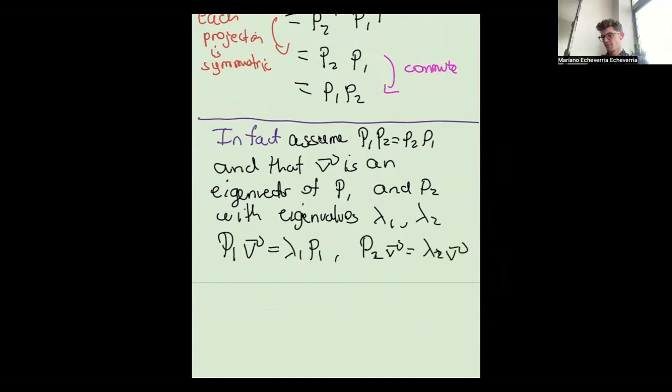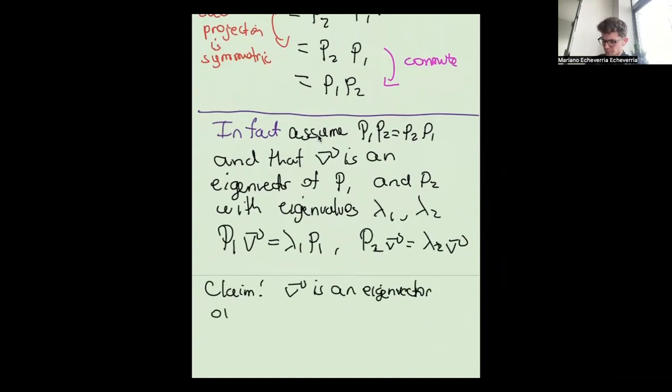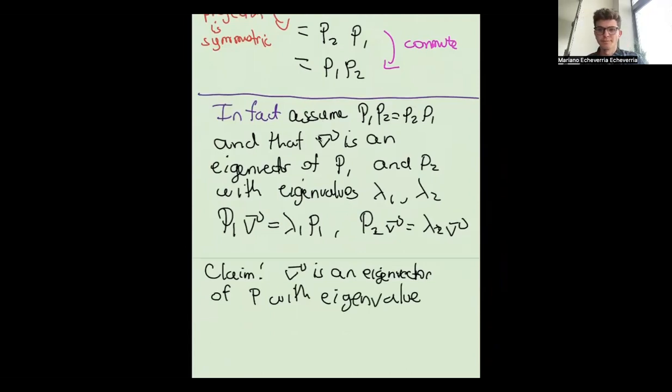So the claim is that V is an eigenvector of P with eigenvalue... What do you think the eigenvalue would be for P?